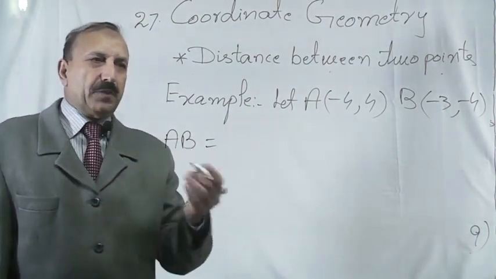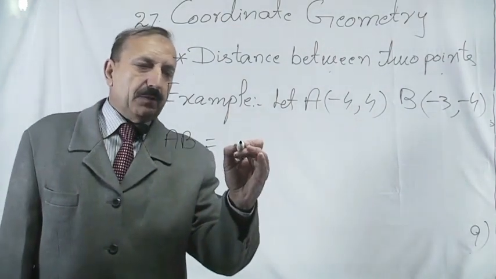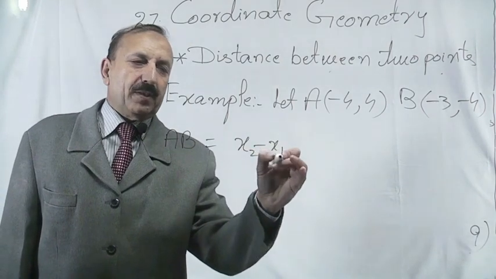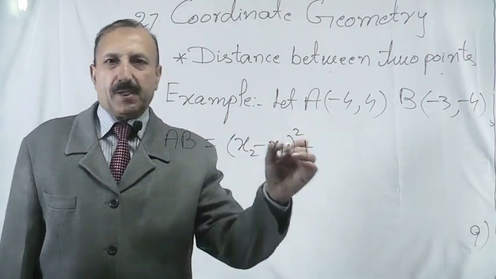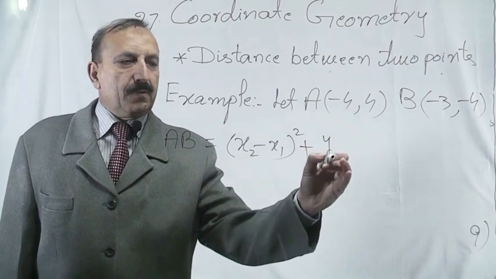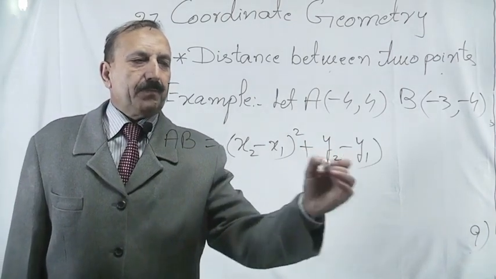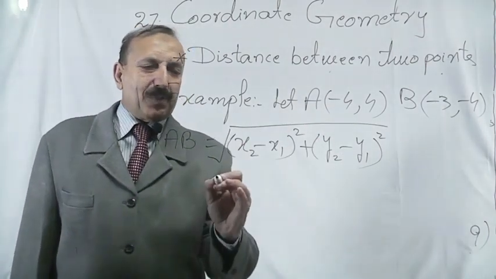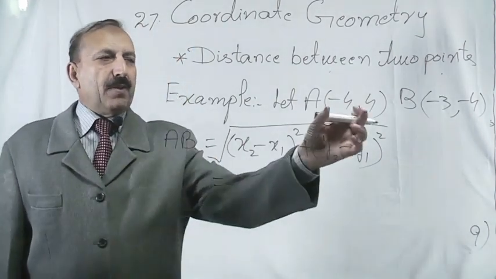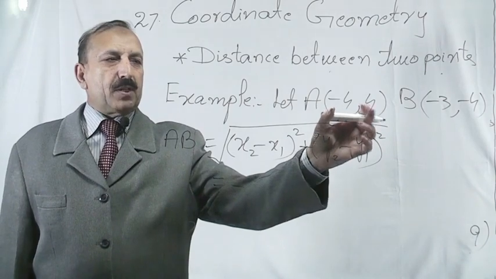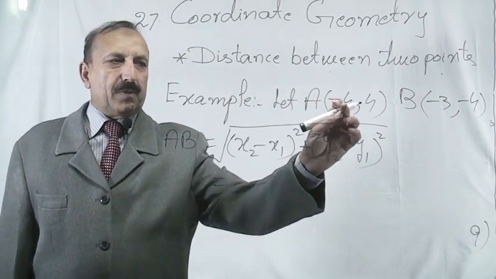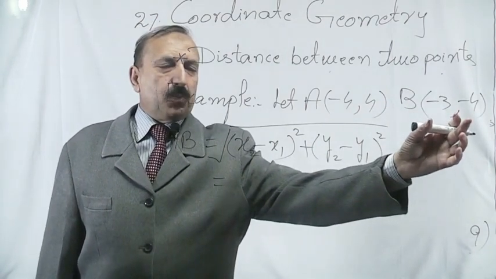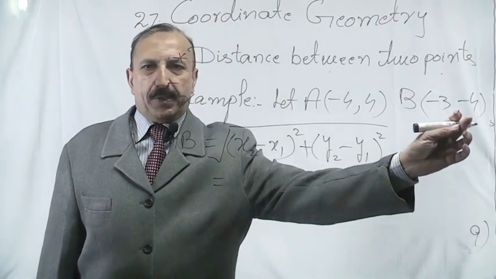The formula I have written just before, write it again just to get the practice about this. This is square root of x2 minus x1 whole square plus y2 minus y1 whole square. Let's plug in these values. As I told you, the components of this point A are x1, y1, and the components of point B are x2, y2.